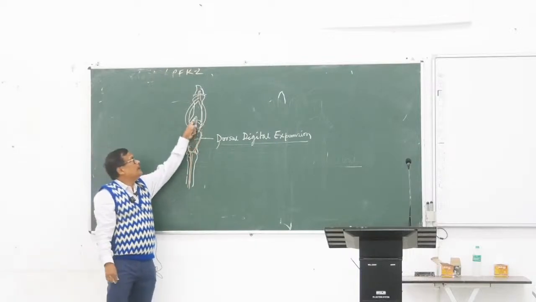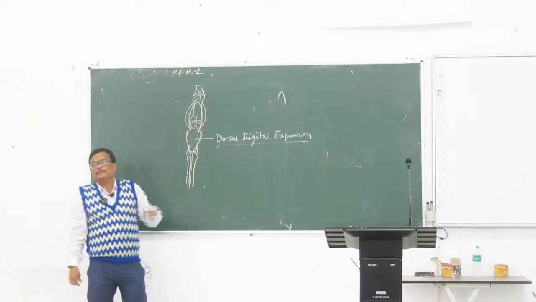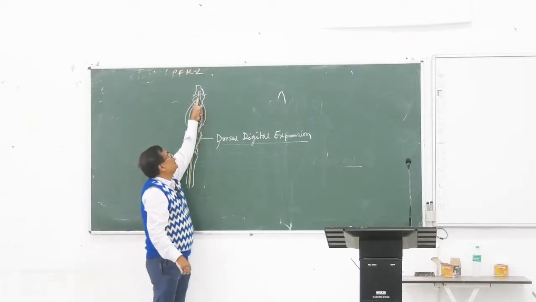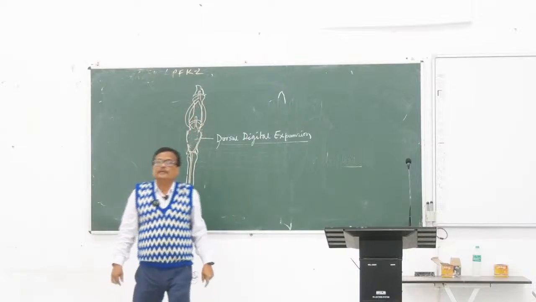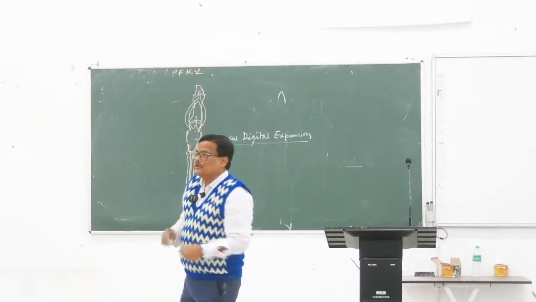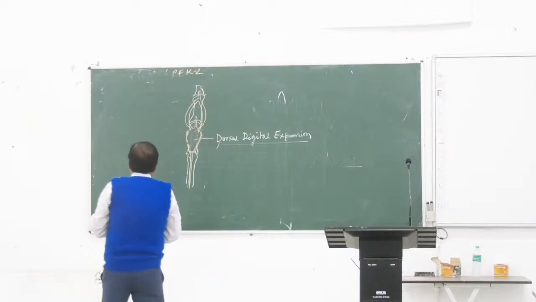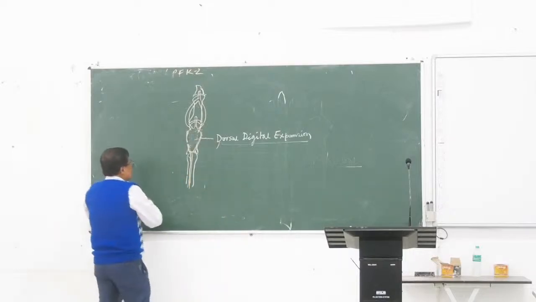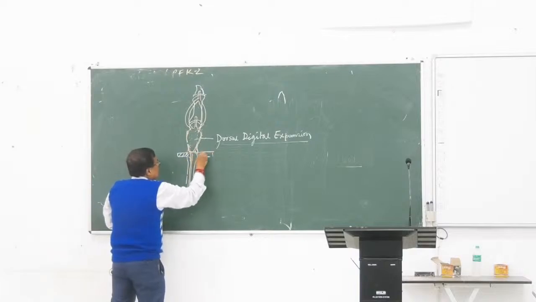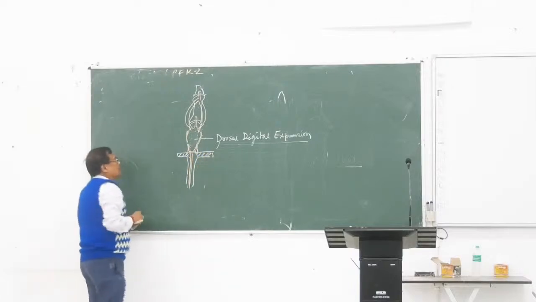The one medial band is attached to the dorsal aspect of the base of the middle phalanx, and the two lateral bands join together again to be inserted into the base of the terminal phalanx. In this dorsal digital expansion there is a ligament, called the deep metacarpal ligament. It is not needed.